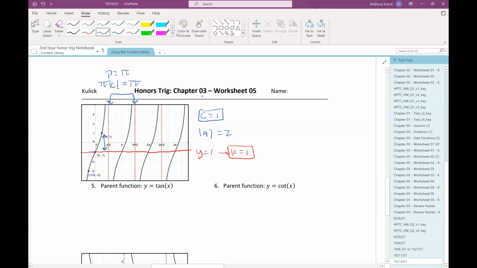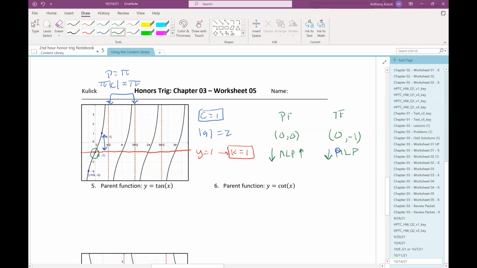Okay, and then I will set up my transformation map. So the parent function for tangent, I want to use 0, 0, which was a midline point. So the left end pointed down, had a midline point up. The point for my transformation that I need to use is 0, 1, or -1, because that's also a midline point.